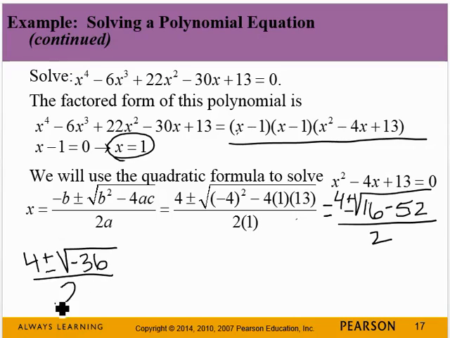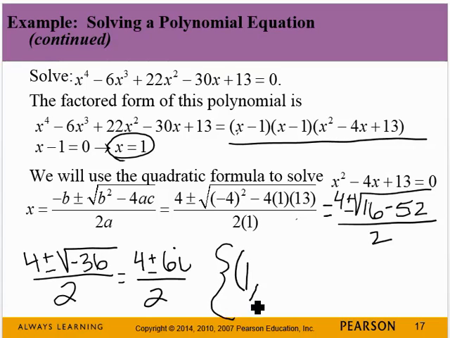So if you notice, we have negative 36 on the inside of our radical. That means we need to make sure we have our imaginary number when we solve. So all of our solutions possible, don't forget your 1.